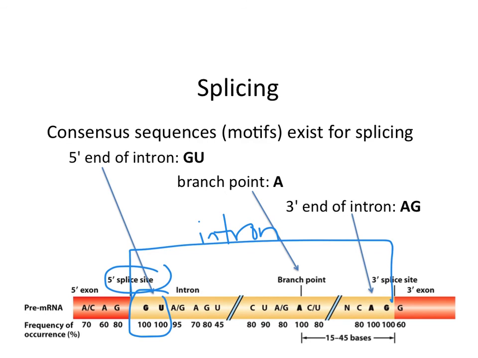So 100% of the time there's a G, 100% of the time the next nucleotide in the intron is a U. At the other end of the intron, the 3' end, the last two nucleotides that get taken out, sure bet, A and G. And then there's also this weird A, the branch point nucleotide, in the middle. So there's going to be an A somewhere in between. So that's how you recognize an intron. GU starts the intron, AG ends the intron.